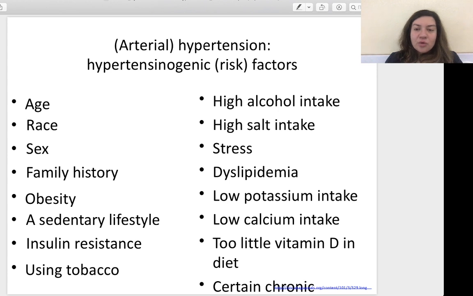Yes, you see such common risk factors. It is the basis of explanation why today hypertension is one of the most widespread disorders at all, and it is one of the most important killers of people in this world.